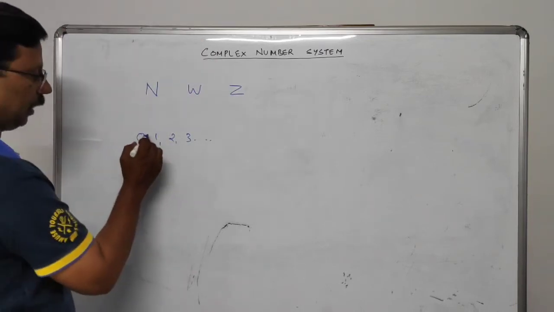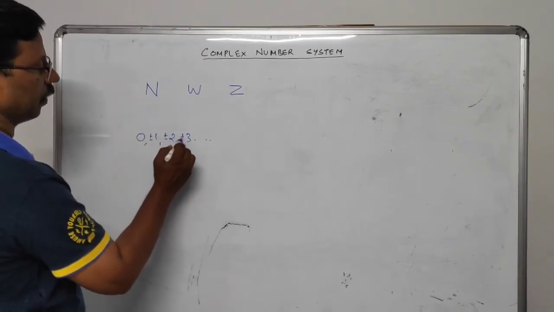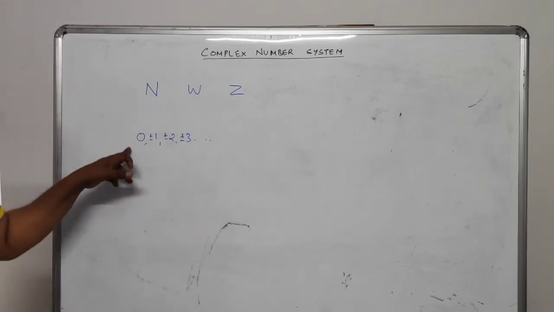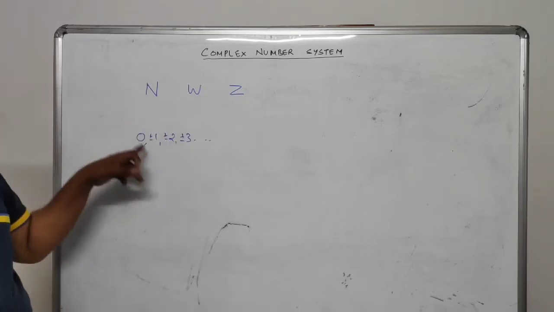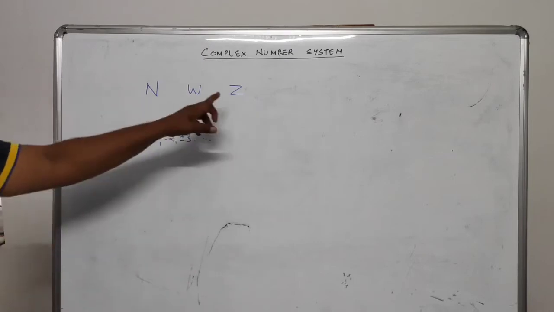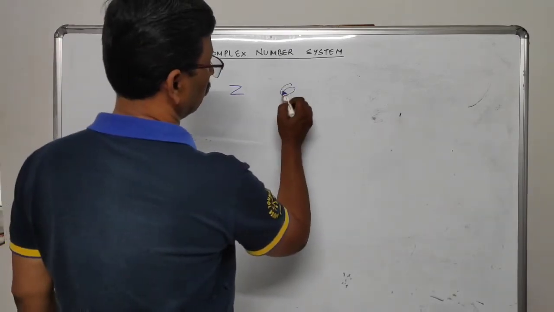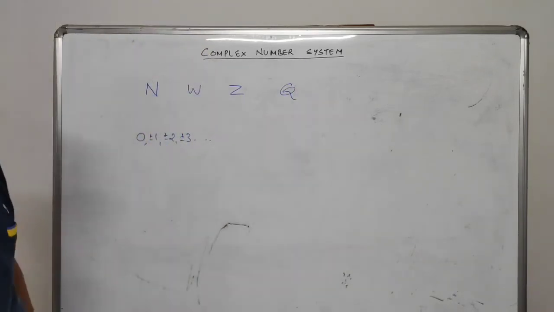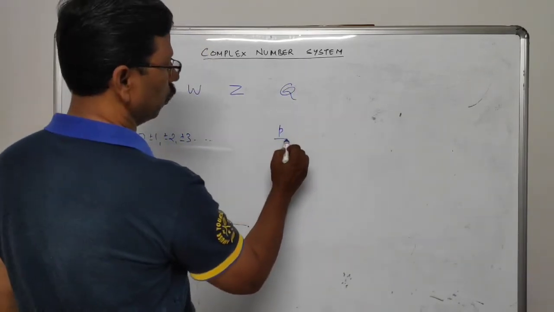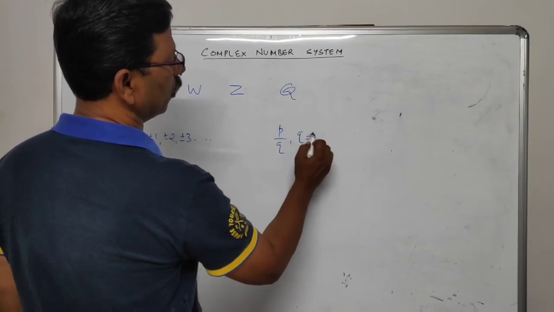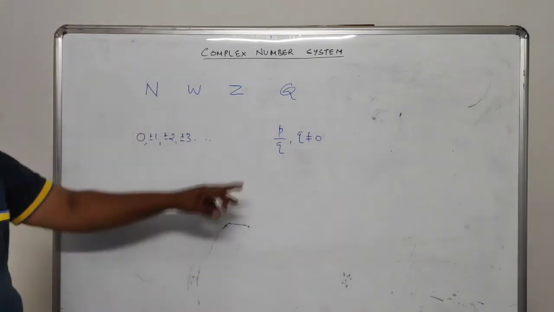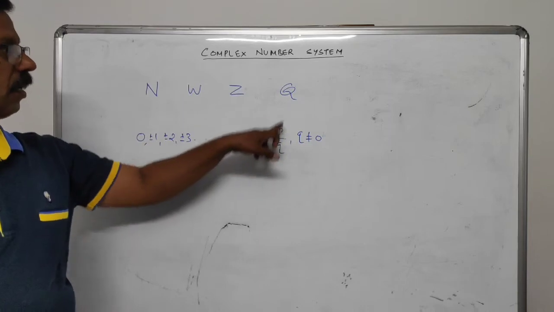If you assign plus or minus signs to these whole numbers, those numbers become integers. Then after integers, we have seen rational numbers, of the form p by q, q not equal to 0. These types of numbers are called rational numbers.